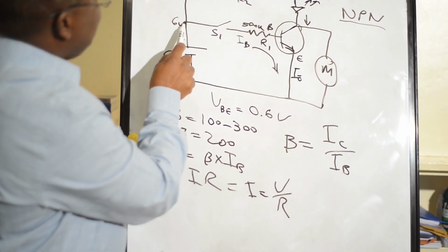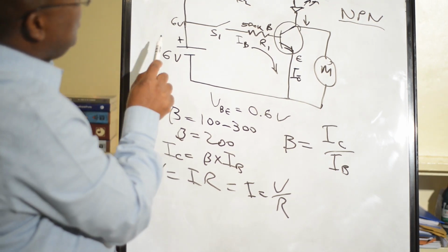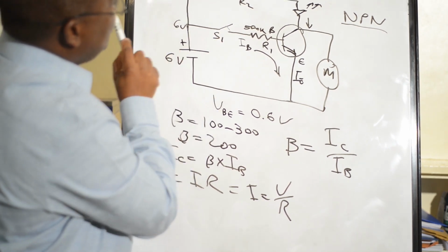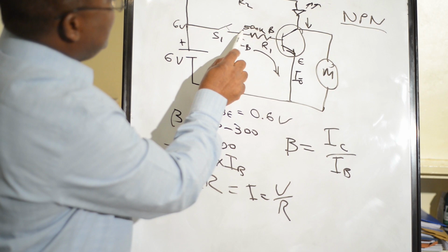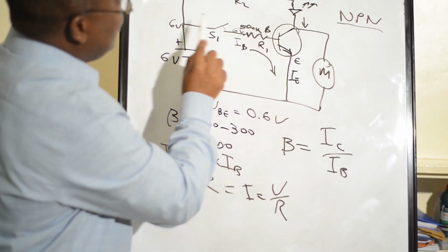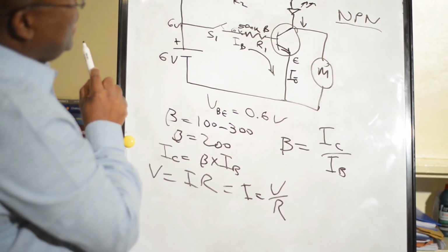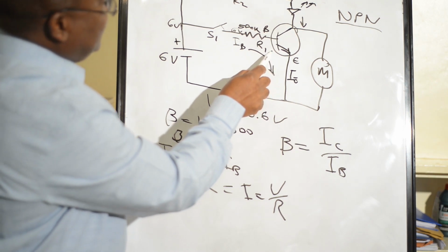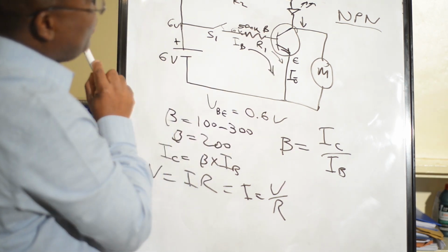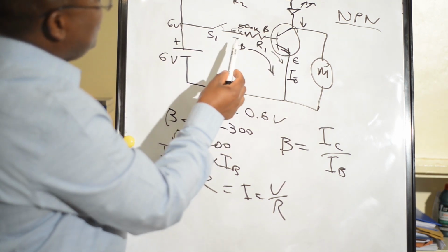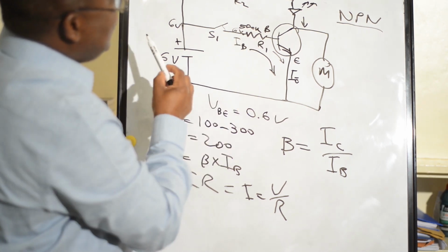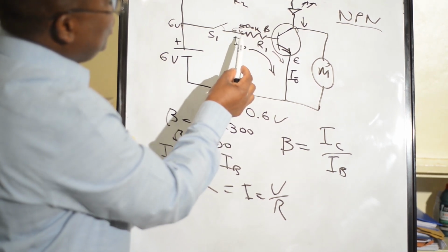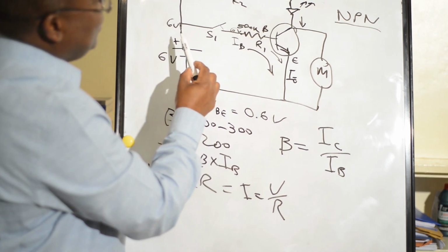If this point is 6 volts and we close the switch, then here we have 6 volts also. And here the voltage is 0.6. So the voltage drop across the resistor will be the difference between this potential and this potential.